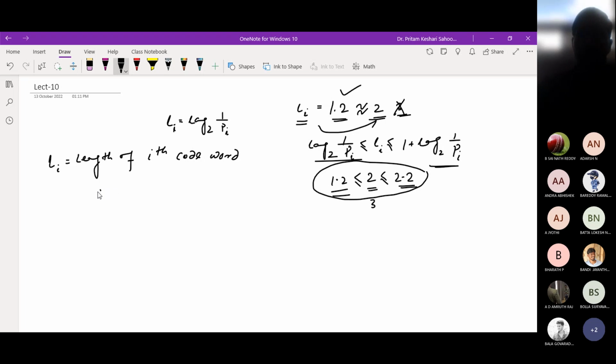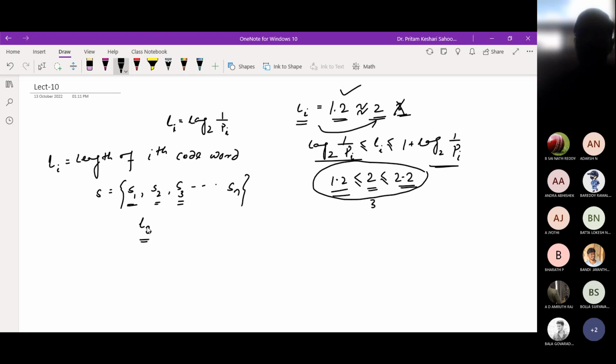Suppose there is a source generating some symbols such as S1, S2, S3, and so on, n number of symbols. li represents the length of the ith code word, because Shannon told that in coding we convert all the symbols, or all the alphabet, or every message signal into a sequence of code having some length. That is called the code word.